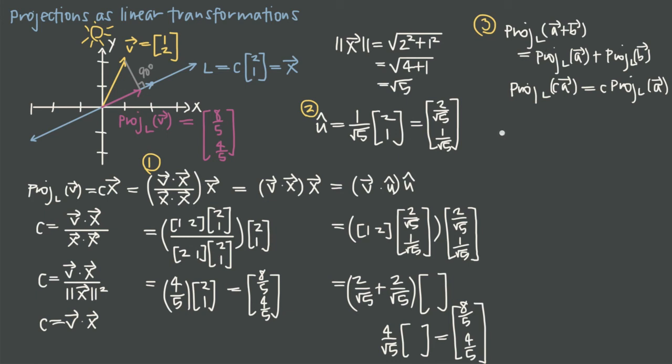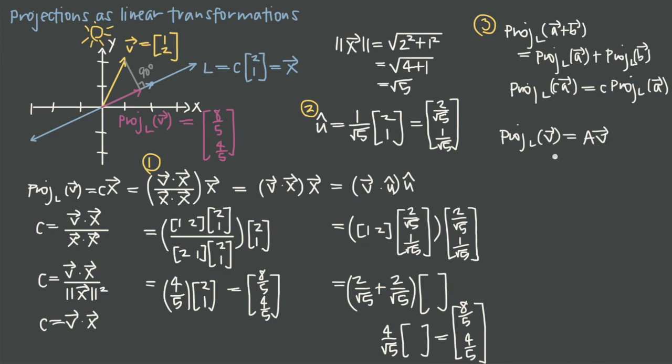And because the projection is a linear transformation, that of course means that we can always express it as a matrix vector product. So we can say that the projection of some vector V onto the line L can always be written as the matrix vector product A times V, where A is the matrix and V is the vector.